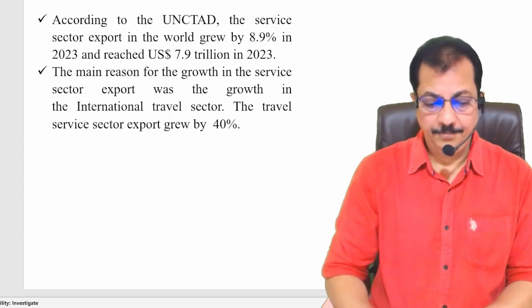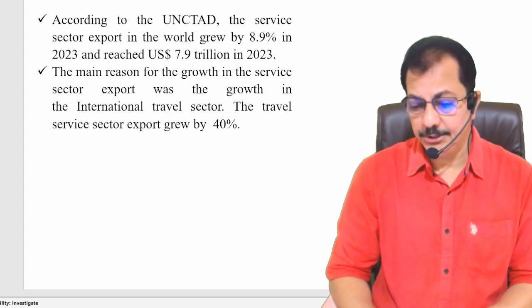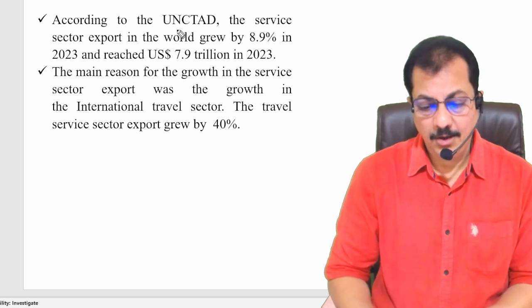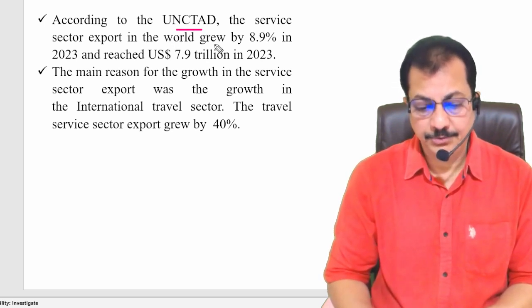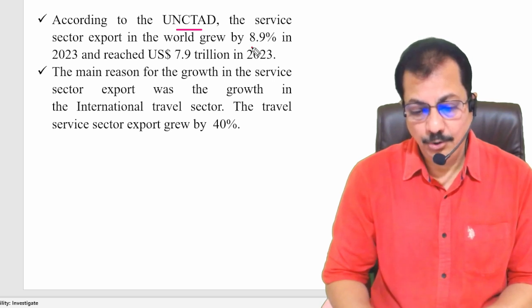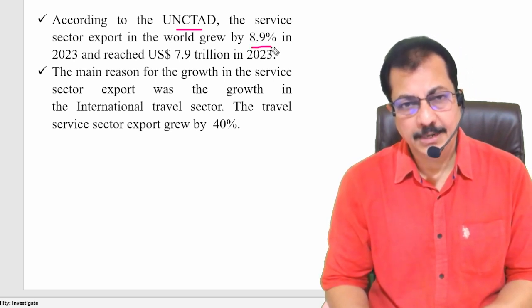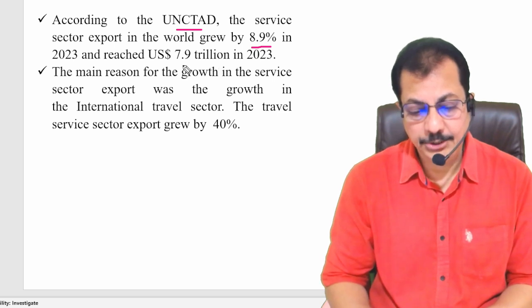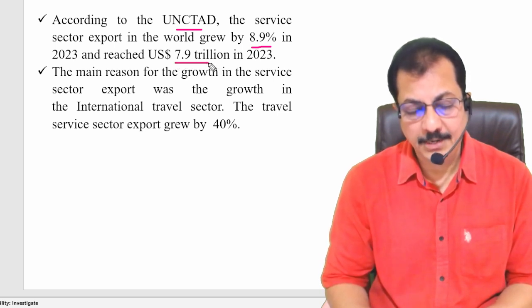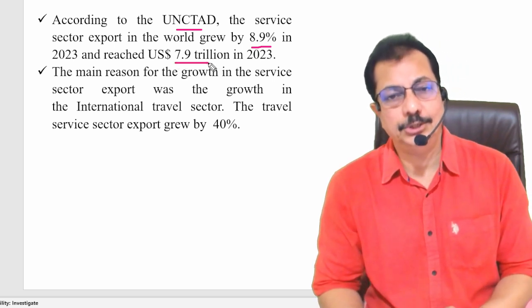Now, according to the same institution, UNCTAD, the service sector exports in the world grew by 8.9% in the year 2023 and reached 7.9 trillion US dollars.